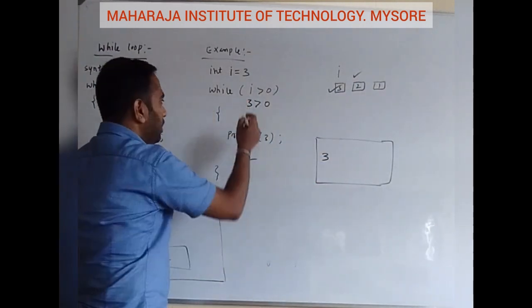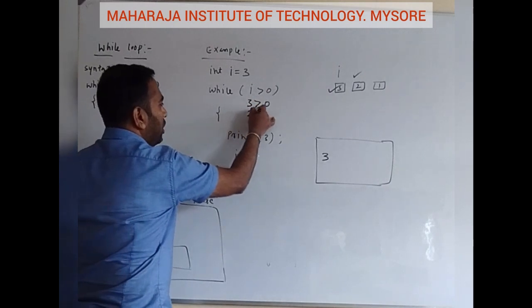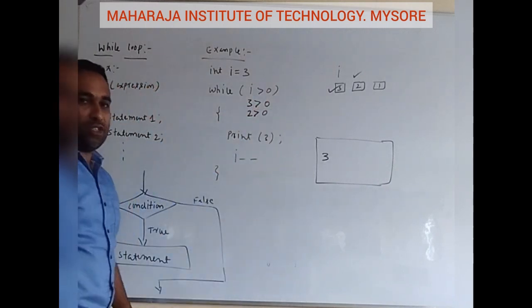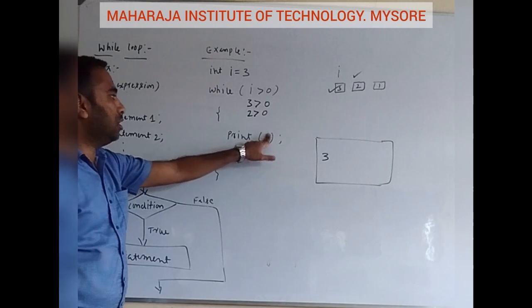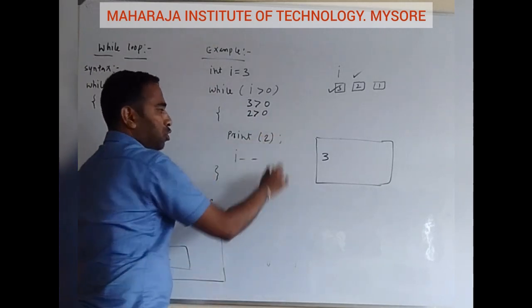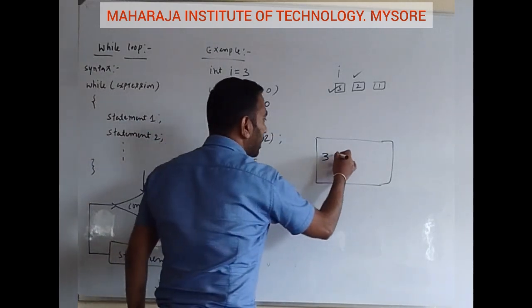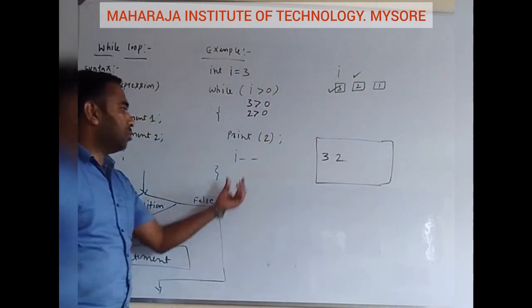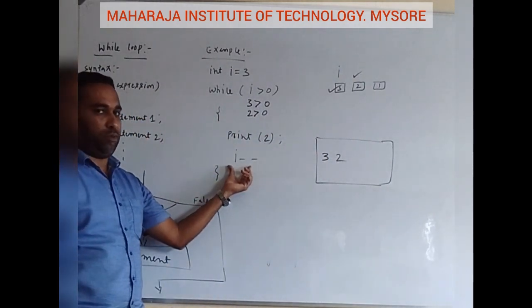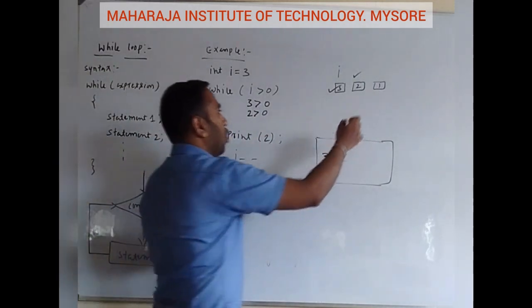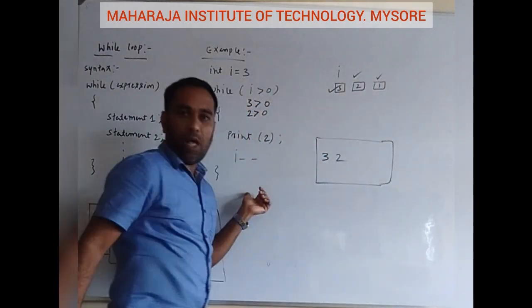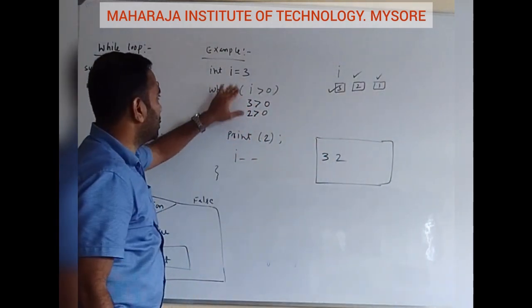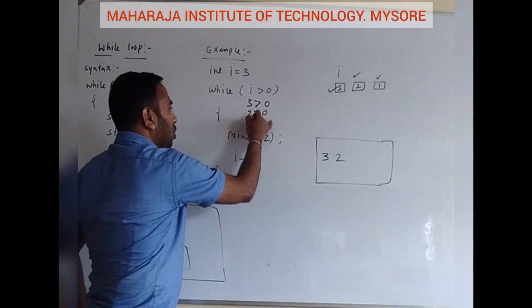Next, it checks the condition: 2 is greater than 0. Yes, obviously 2 is greater than 0. Then it will print 2. After printing 2, I am decrementing the i value, so i becomes 1. Then it checks 1 greater than 0.